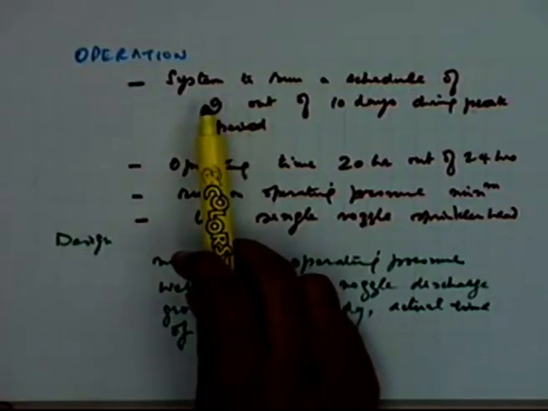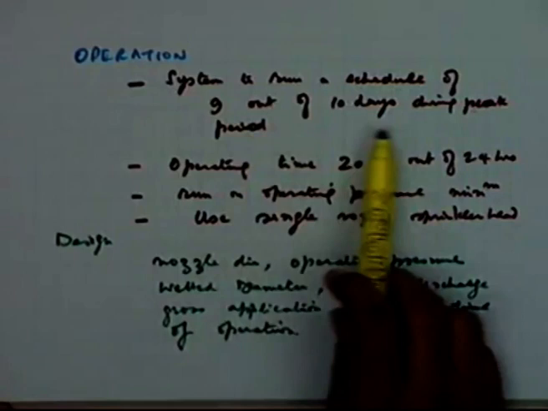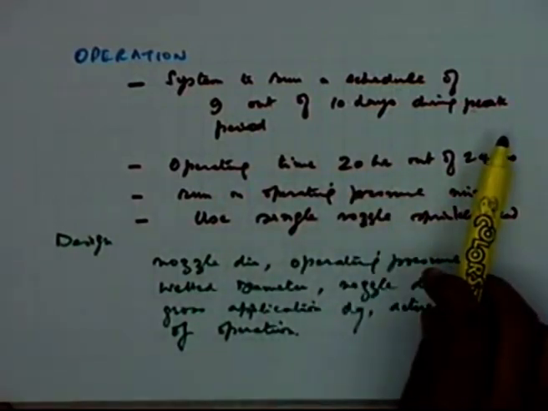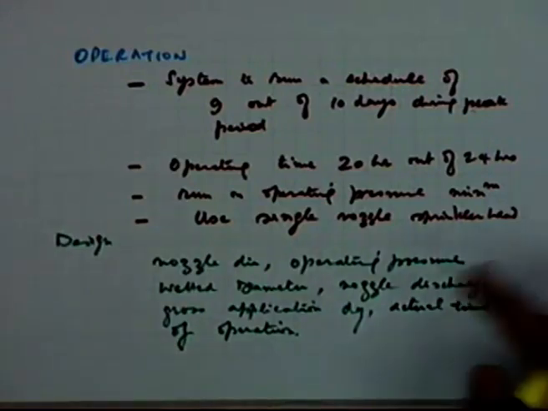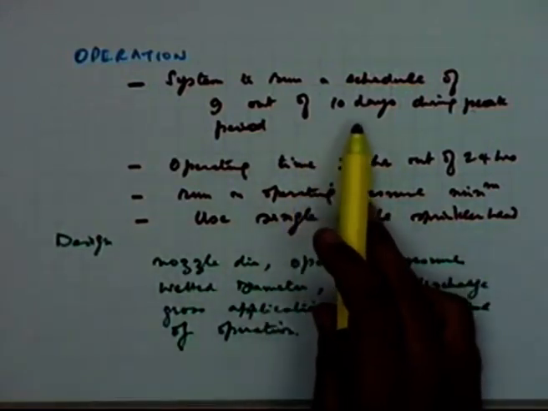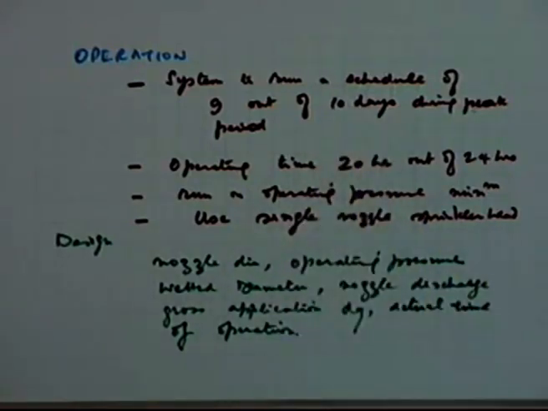Now, the operation has to be performed in such a way that the system to run a schedule of 9 out of 10 days during peak period, which makes the time interval to be something of the order of magnitude of 10 days. So this becomes a time interval which is available.